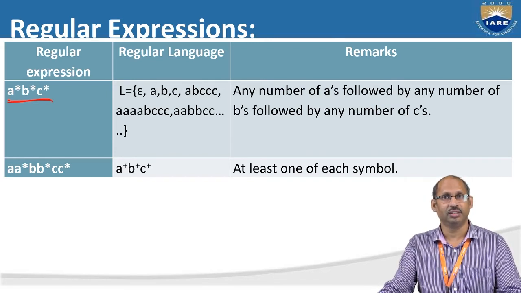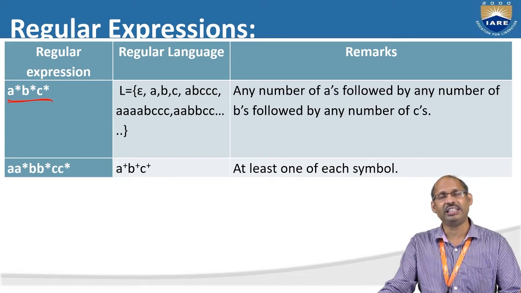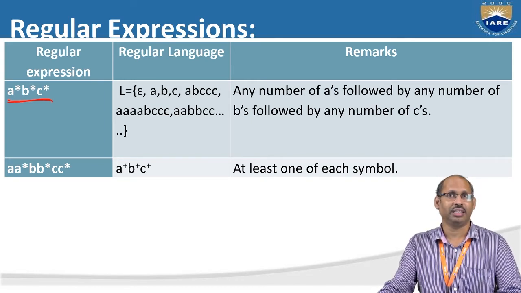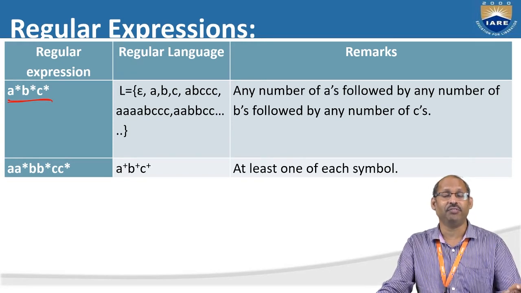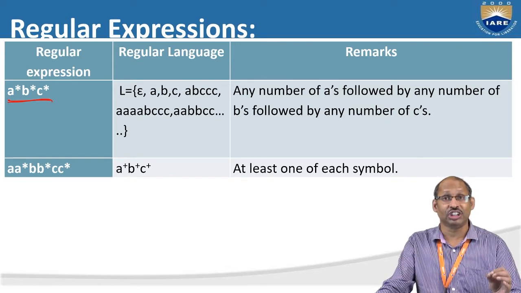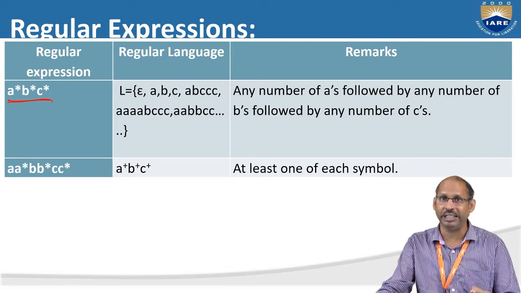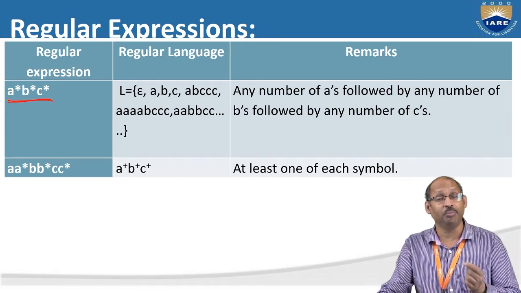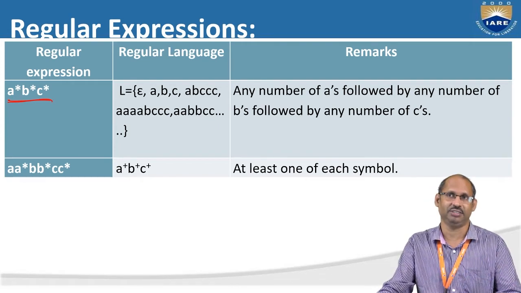Then, here, this is a regular expression which says that it might be the empty string, or if it consists of symbols, 0 or more A's followed by 0 or more B's followed by 0 or more C's.